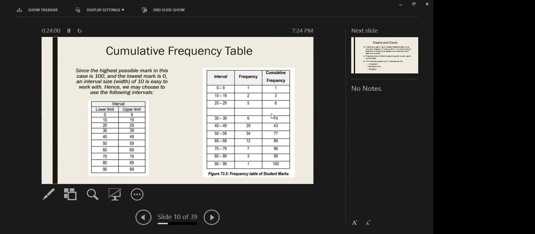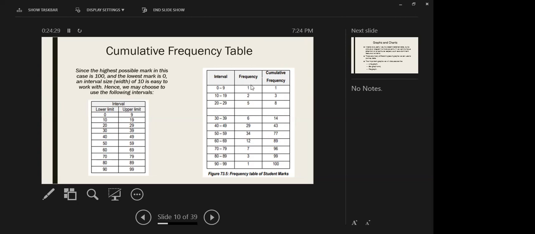But now let me talk about what is called the cumulative frequency. From unit 1, this column called frequency is the one that is used to create what is called a histogram. There's a slide later on that I'm going to explain about that, but I just wanted to highlight it here. So when you are asked to create a histogram, you use the frequency column.